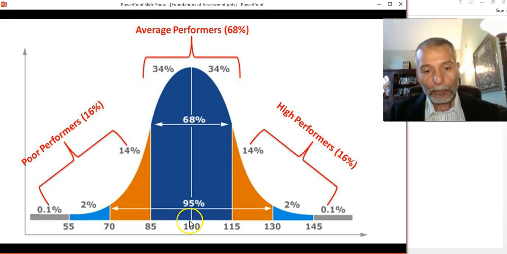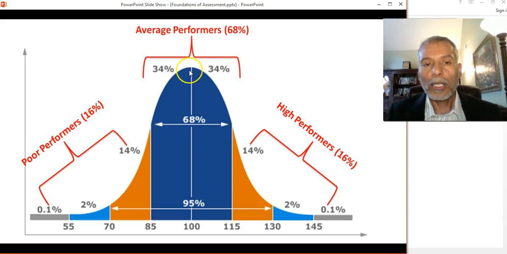It tells you, if you give a given test to a number of people, let's say 1,000, you are going to find that 50%, half of the population, is going to score in this area. That means the test really reflects the population in general.